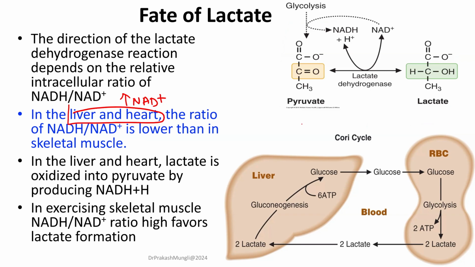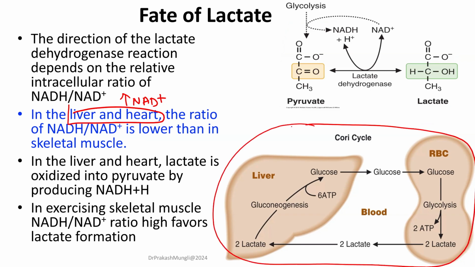And in the liver, especially if the person is in a fasting condition, this happens only during fasting, starvation, like people doing intermittent fasting, when glucagon is more than insulin. During that time, RBC always conducts anaerobic glycolysis. The product is lactate.